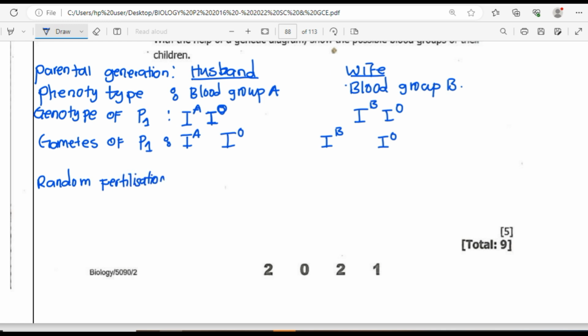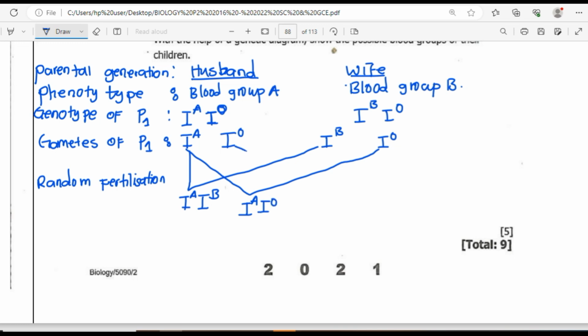With random fertilization, we don't know which gene will meet with the other one. So here there is a chance to have a B, then there is a chance to have an O, which is A here.